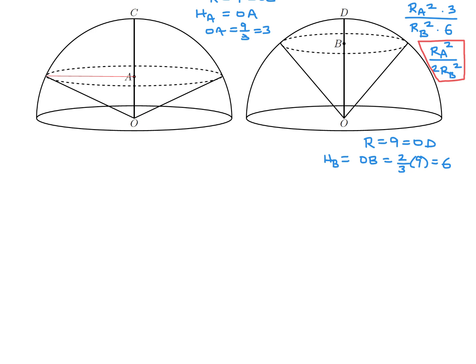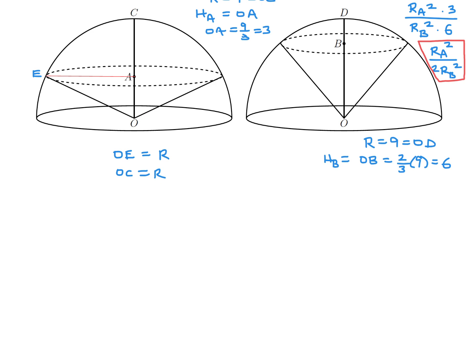And I will call the point where it touches E. And from O to E is the radius of the sphere, correct? Because the radius of a sphere is basically the center of the sphere to any point on the edge. So OC is also the radius, and so on.